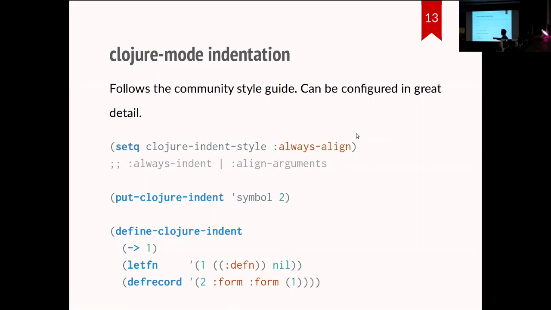This is a simple example, but it can get much more complex. So instead of putting a lot of put-clojure-indent, you can define them all together with define-clojure-indent, sort of in bulk. For instance, for a defrecord, to give you an example, it also has 2. The first 2 forms after defrecord are special. They need to be formatted as any regular form.